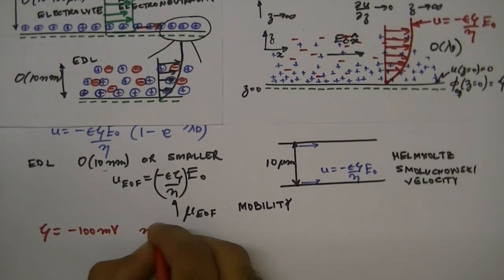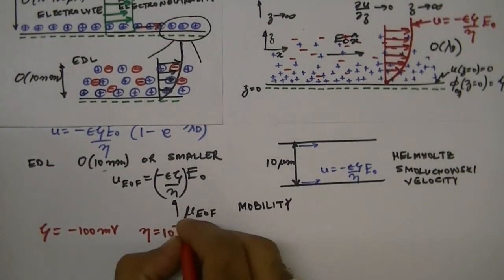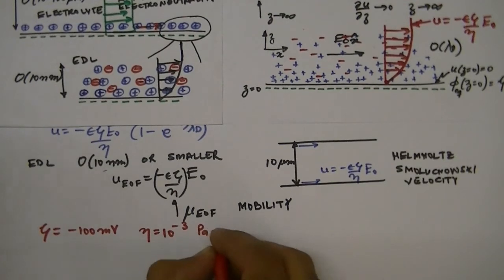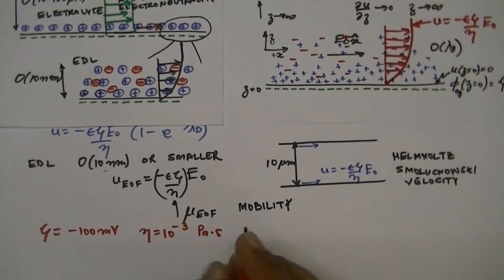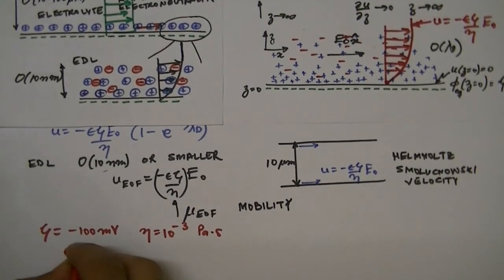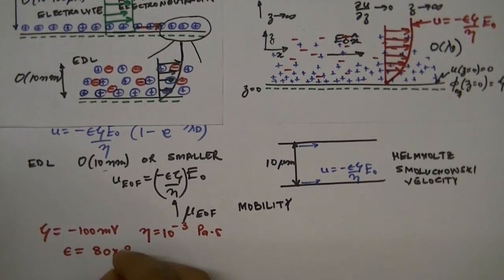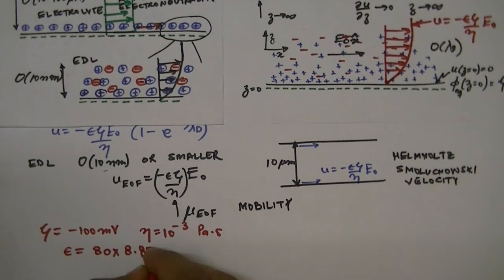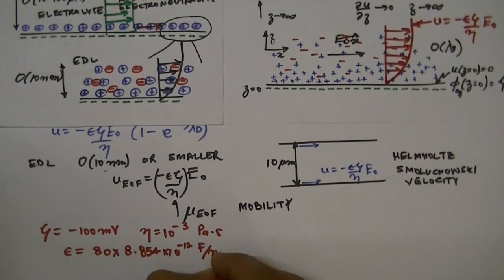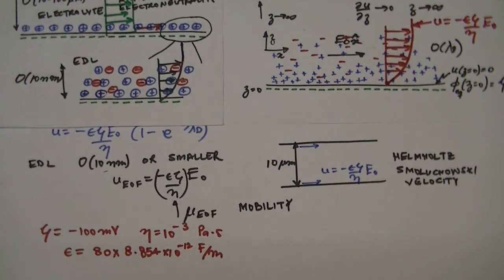The viscosity is about 10 to the power minus 3 in SI units, and the permittivity is 80 times 8.854 times 10 to the power minus 12 farad per meter, and this is for water.